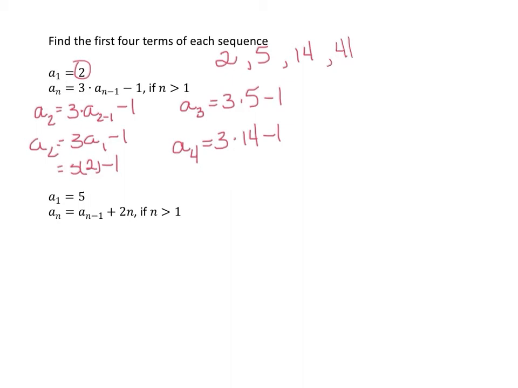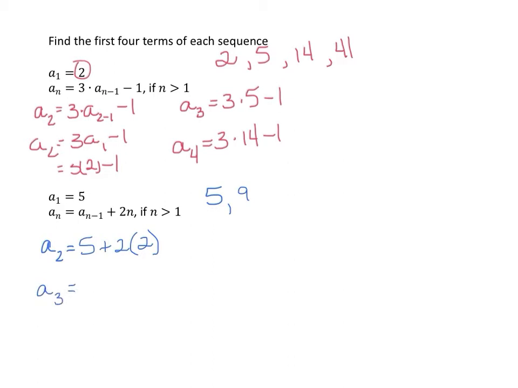Looking at the next example, the first term is 5. So the second term is going to be this a sub n minus 1. That's going to be my first term, which is 5, plus 2 times my n, in this case, is 2. So that's 9.